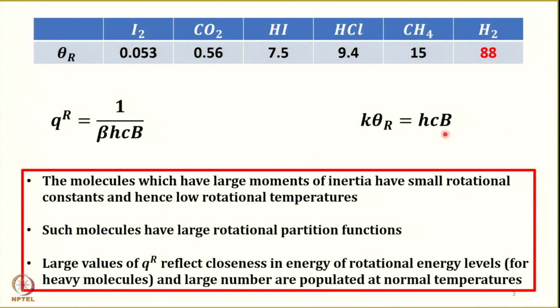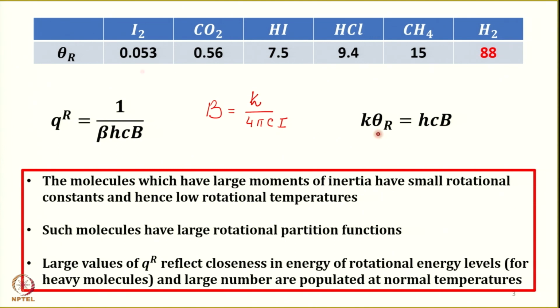If the rotational constant is small, then the rotational temperature will also be small. And then we know that B is given by h cross by 4 pi cI. That is what is being mentioned over here, that if the moment of inertia is large, if I is large, B will be small, and if B is small, your theta r is going to be small.